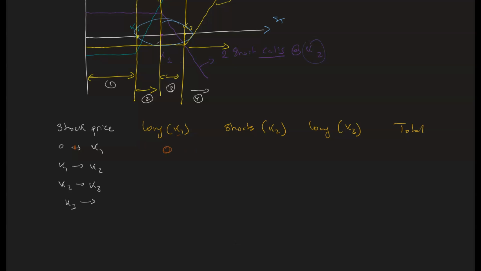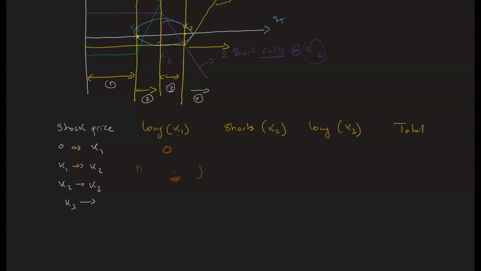The second window is, well, long call, so we have the maximum of ST minus K1, and 0. In this case, the stock price is between K1 and K2, so it's definitely above K1. If it is above K1, that difference here is going to be positive. The long call is going to exercise the option.